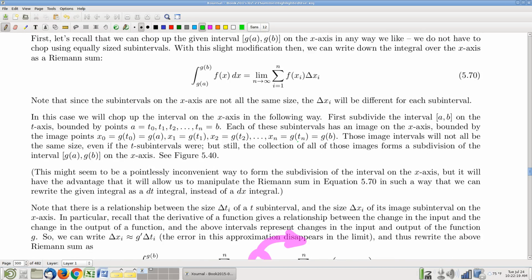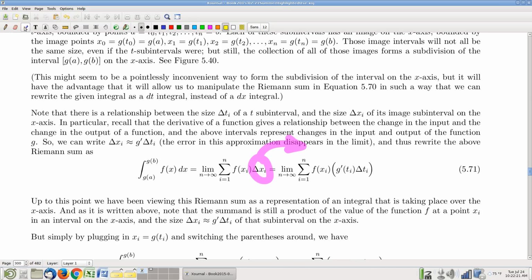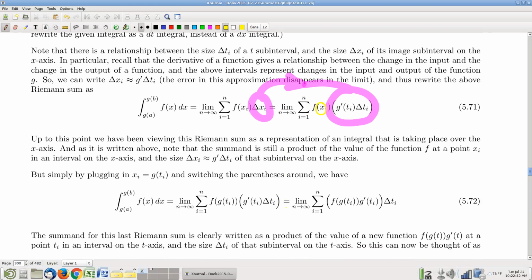So here we go. Back down to our Riemann sum. And I'm just going to rewrite delta x as g prime times delta t. And then, just like I did in the earlier perspective I gave you, I'm going to observe that, well, x is, sorry, got ahead of myself. X is g of t.